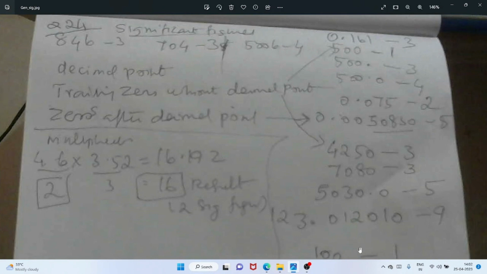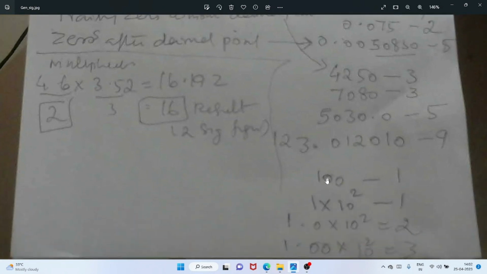Okay. So here after 0 we have 1, 2, 3, 4, 5, 6, 7, 8, 9. See, 100 has only 1. 1 into 10 square, if you write that, also 1.